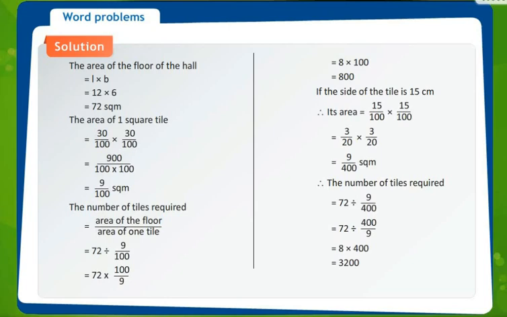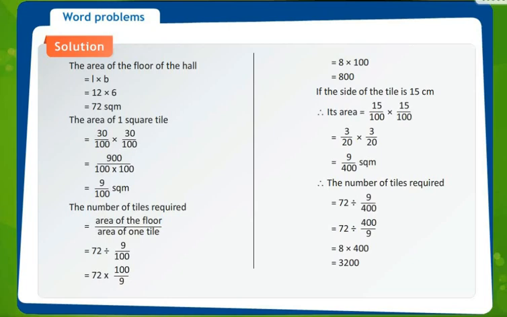The area of one square tile, it was told 30 centimeter, but we are going to calculate it in meter, so 30 upon 100. Area of a square is side square, so 30 upon 100 into 30 upon 100, which is going to give you 900 upon 100 into 100, which is equal to 9 upon 100.